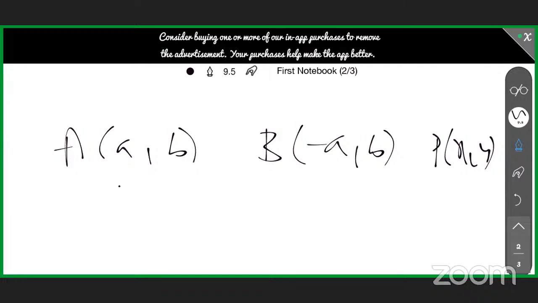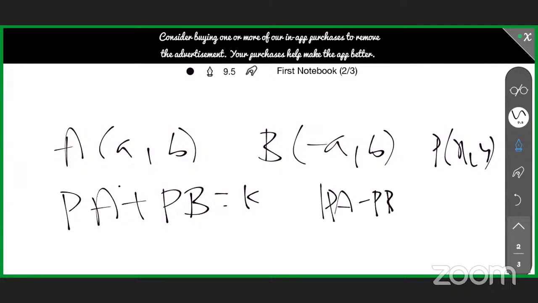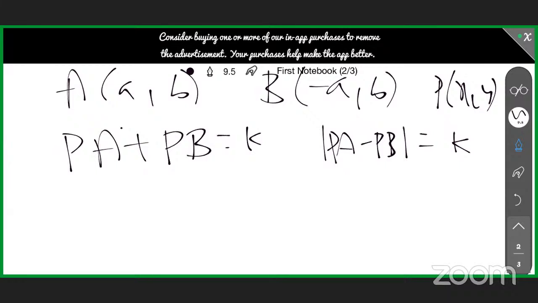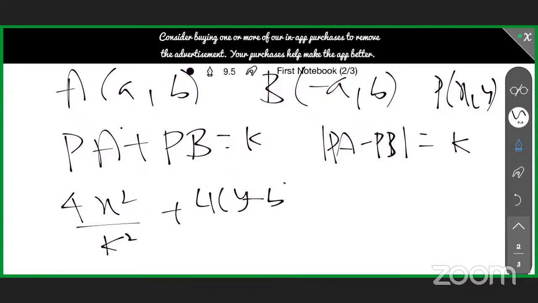When PA, the distance between the point and A and B, is some constant, or PA minus PB is some constant, then the formula that I'll be using is 4x square plus k square plus 4 into y minus b whole square by k square minus 4a square is equal to 1. This is when k is not equal to 2a.